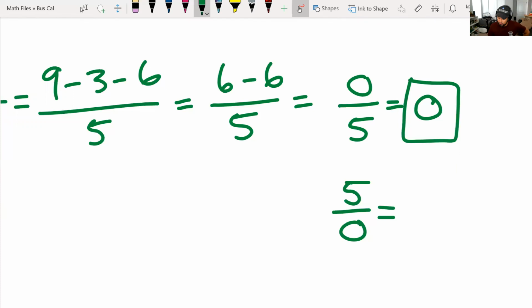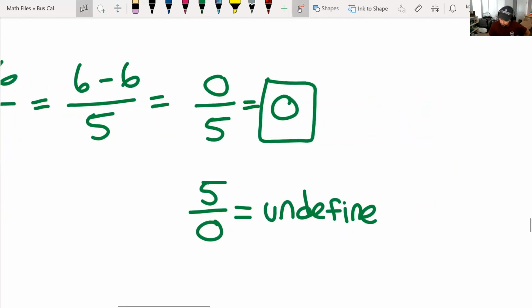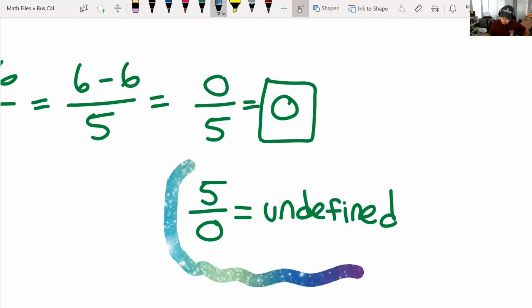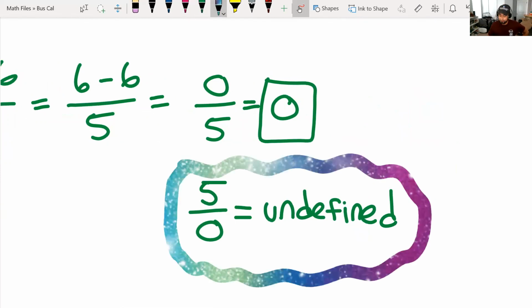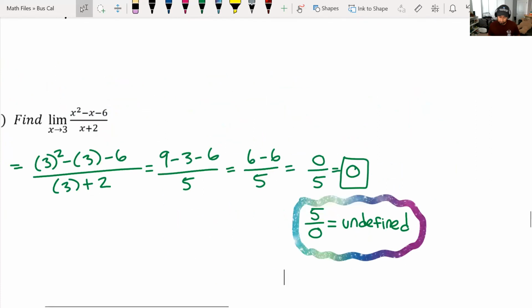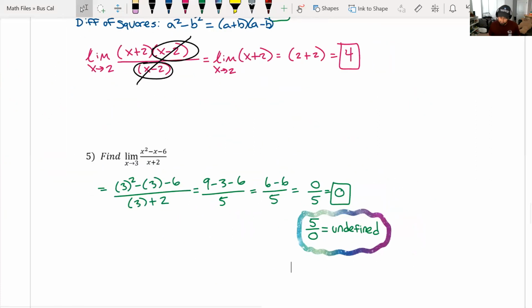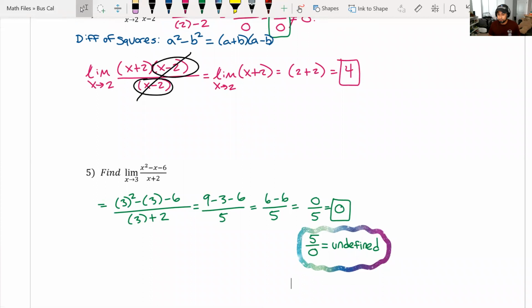This is called undefined. So, know the difference.